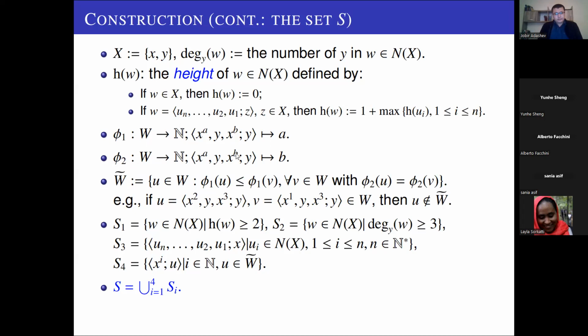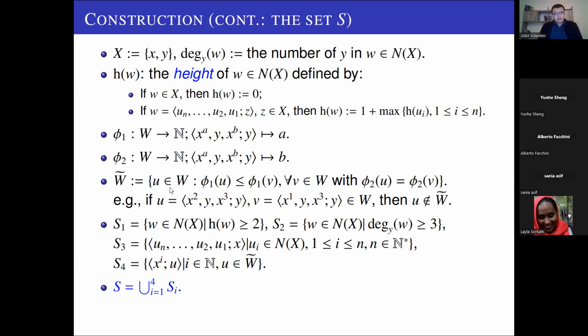And then we construct another set, W tilde, which is a subset of W. We eliminate some words from W to get W tilde. How to do that?